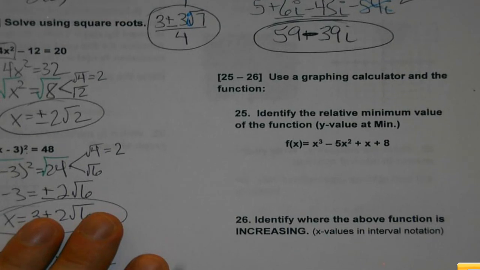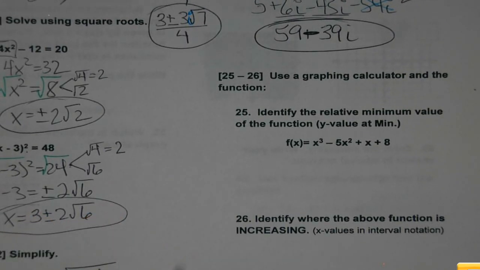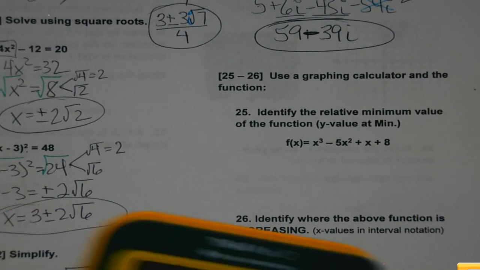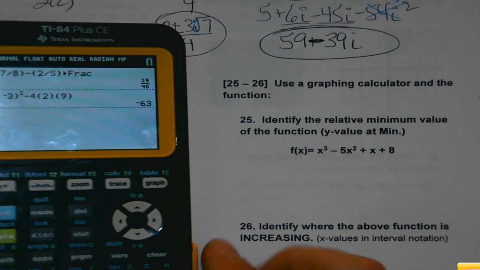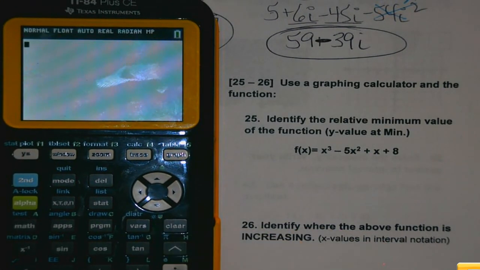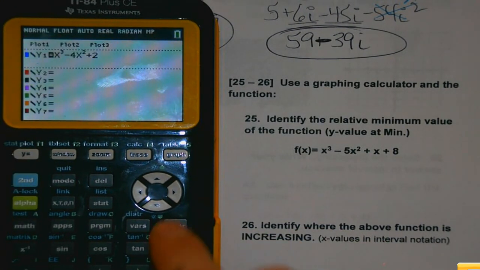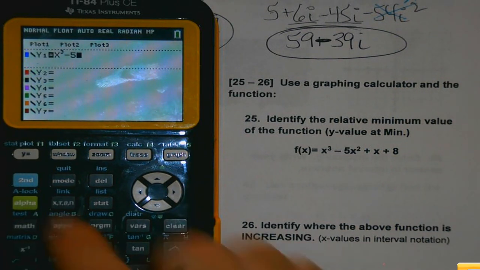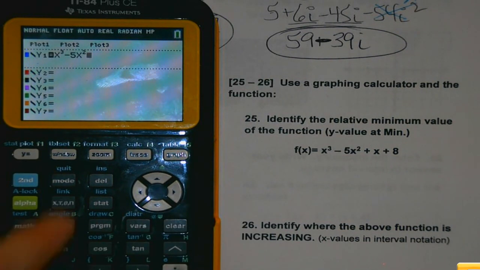25. All right, identify the relative minimum value of the function. Well, it'd probably be good if we looked at it first. So, x to the third minus 5x squared plus x plus 8.